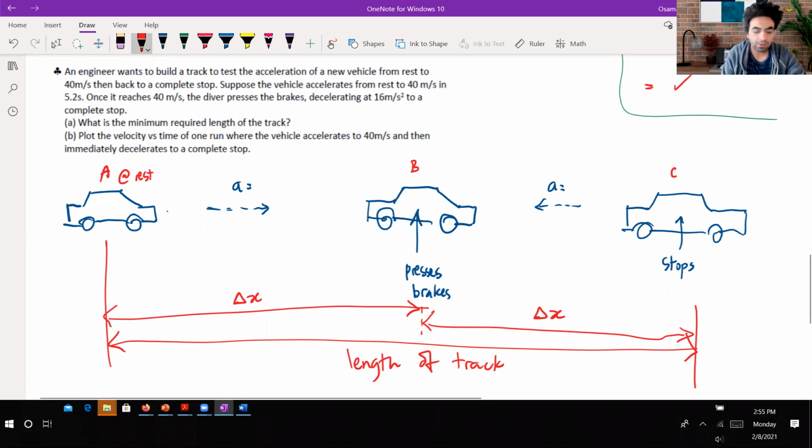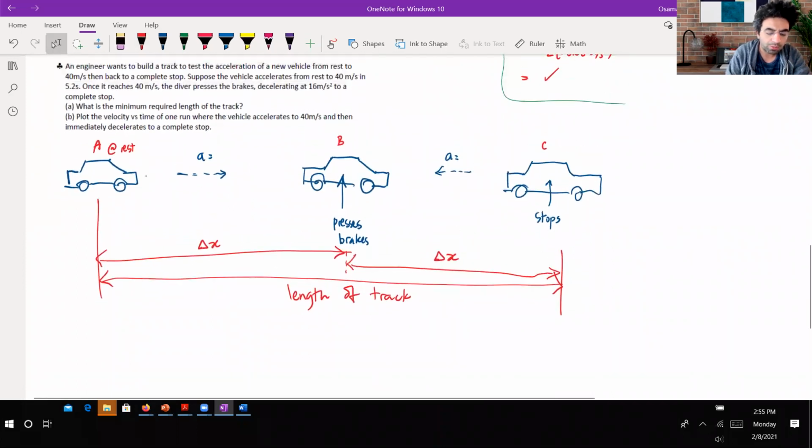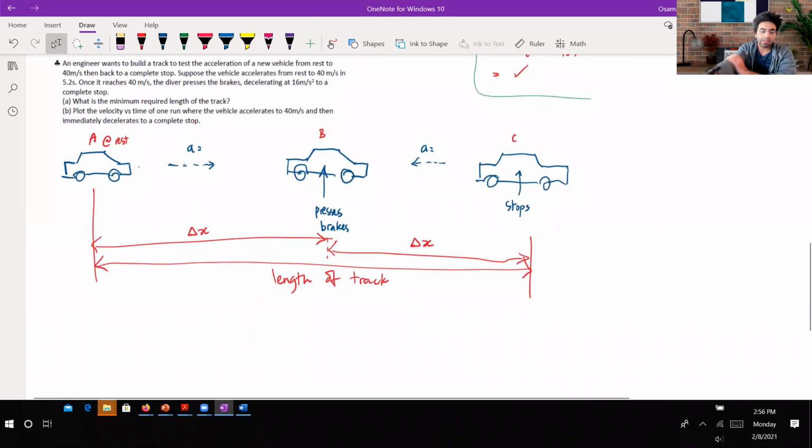Let's write down, just like we did for the train problem and for all kinematic problems, let's think about each segment on its own and write down the kinematic variables that we know. For the segment from A to B, I'm going to be thinking about displacement, initial velocity, final velocity, acceleration, and time.